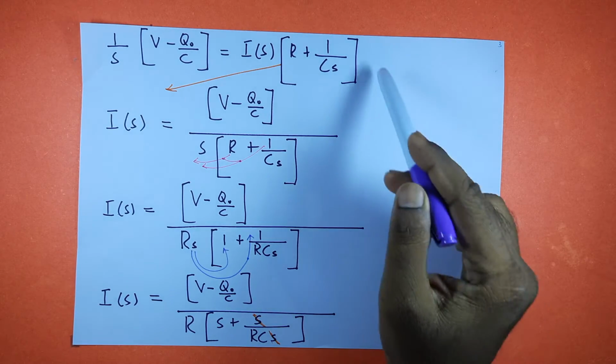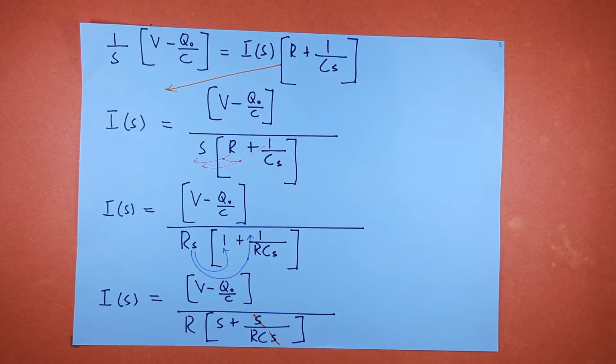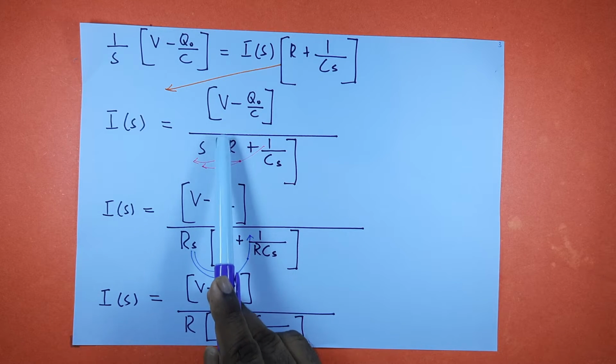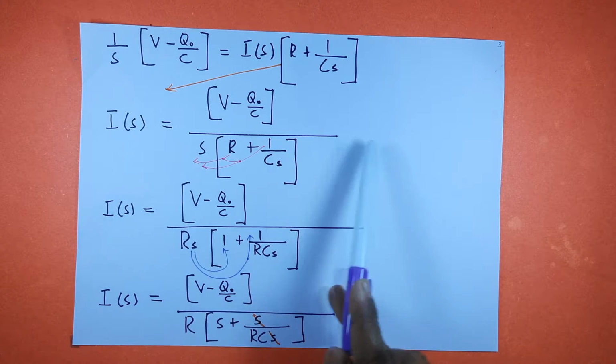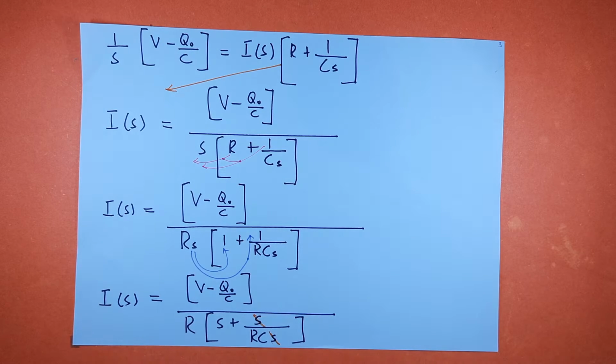So this term you can bring downstairs. So you can write I(s) equal to V minus Q naught by C divided by S into R plus 1 by CS.